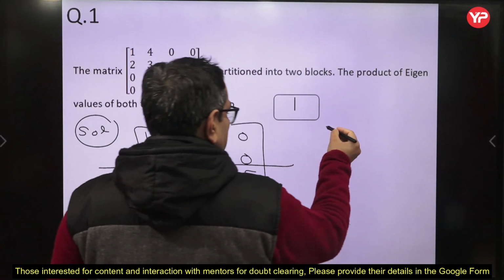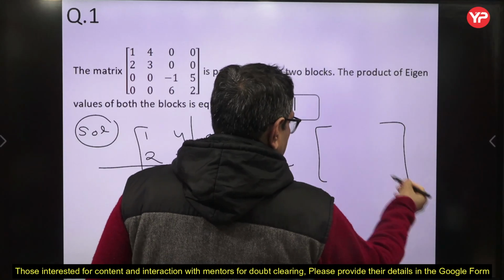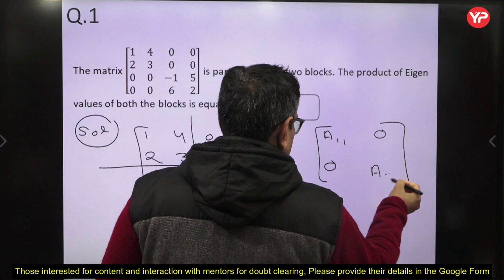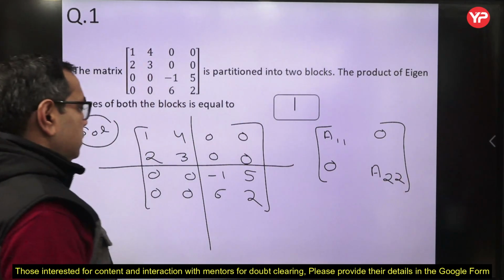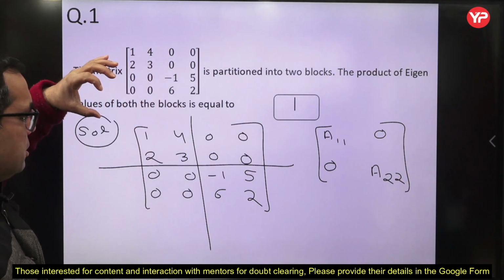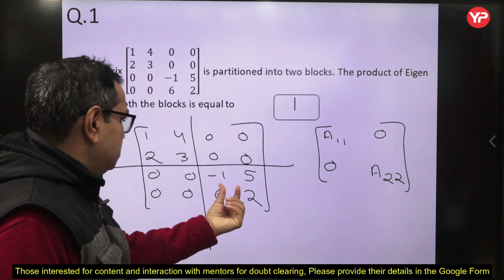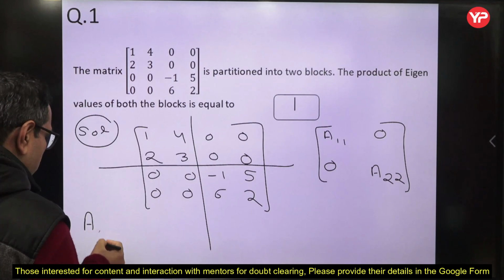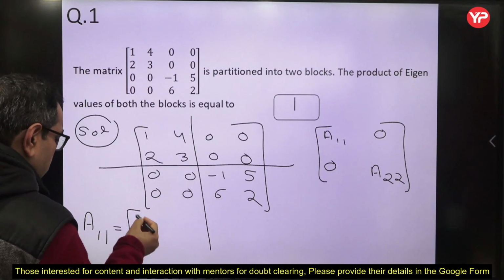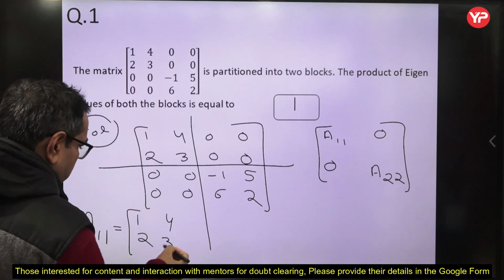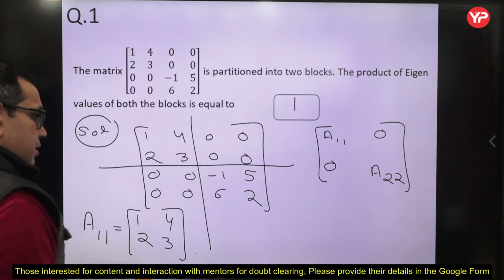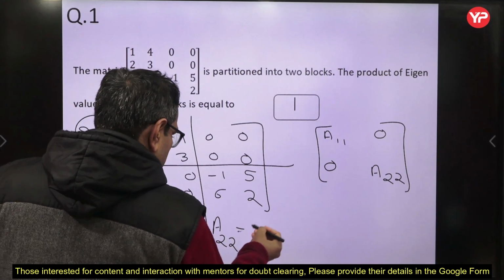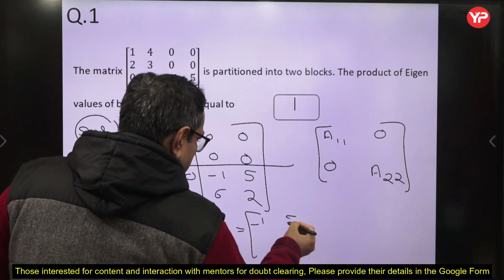A block diagonal matrix is written in this form: A11 0 0 A22, where A11 is a matrix in itself. A11 is 1 4 2 3, and the other block A22 is minus 1 5 6 2.